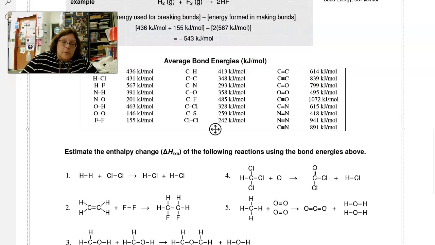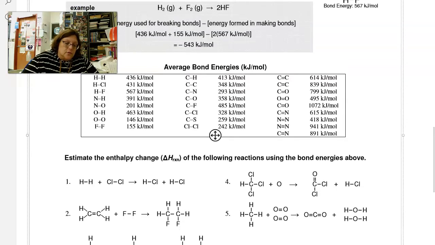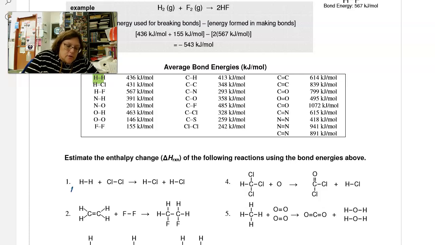So remember, it's going to be the bonds breaking minus the bonds forming. So your hydrogen bonded to a hydrogen is going to be 436 kilojoules. Chlorine bonded to chlorine, 242.